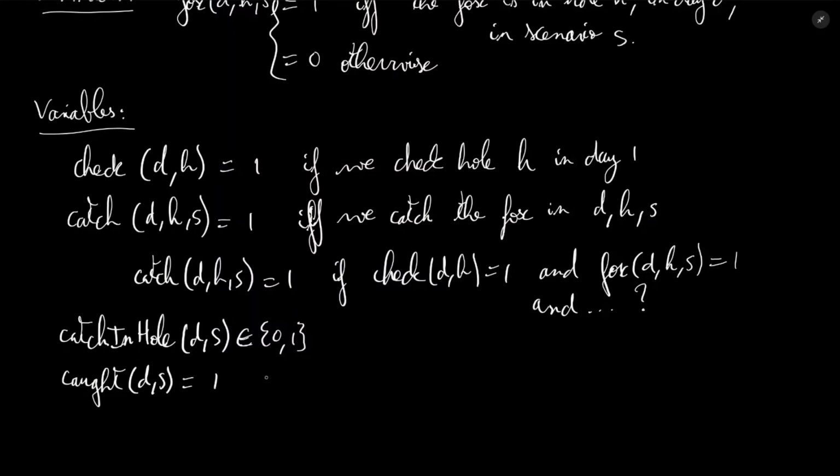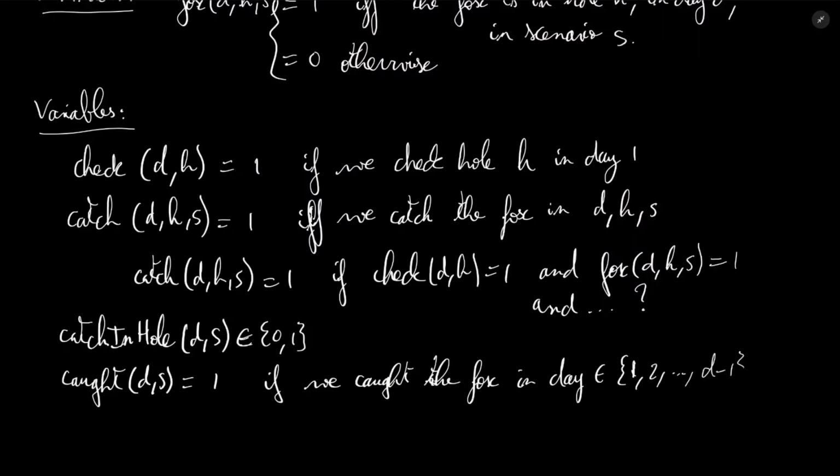So it will be equal to 1 if we caught the fox in a day that belongs to 1, 2, etc., D minus 1, in scenario S. And this is going to help us not do too many checks, because we also want, for the stability of the problem, to stop checking once we have already caught the fox.